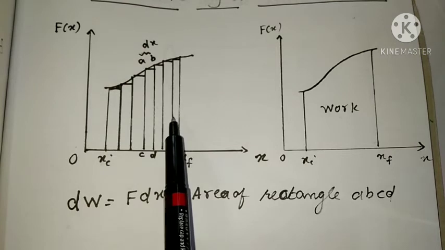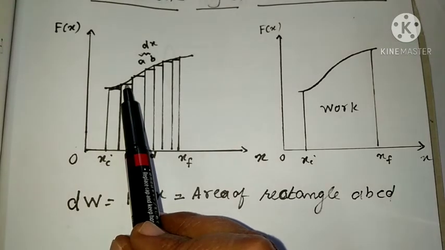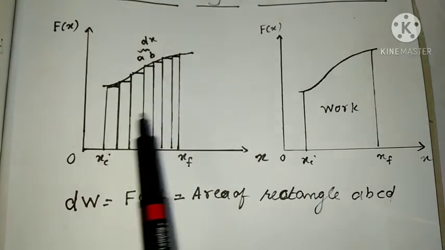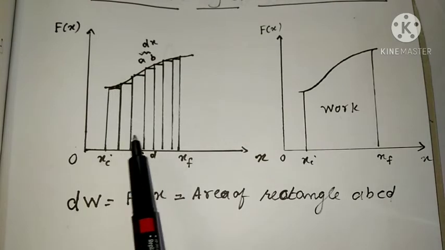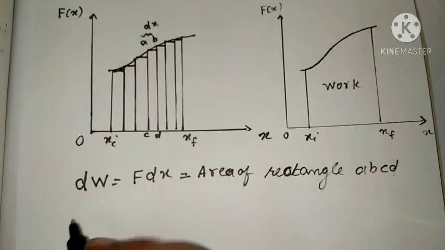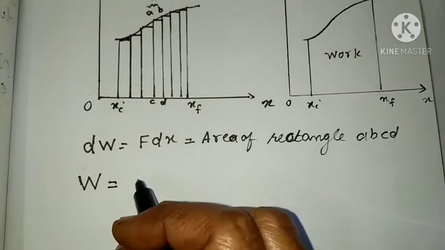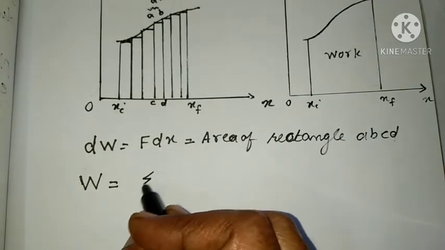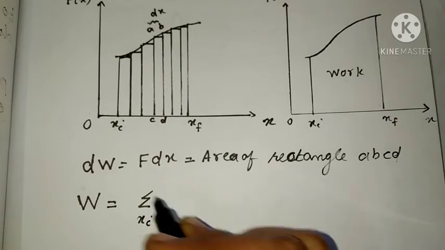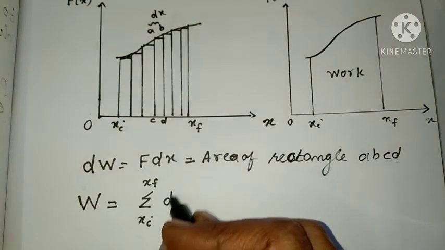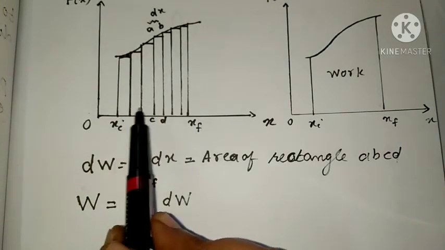So the total work done W equals the summation from xi to xf of dw.